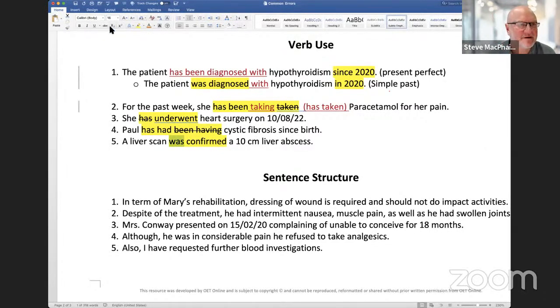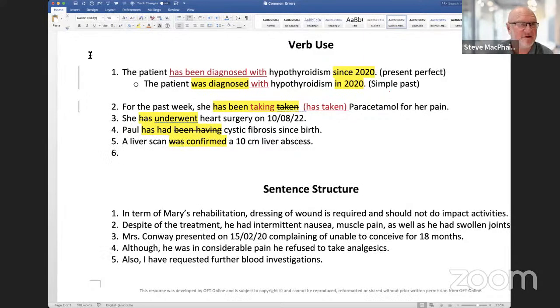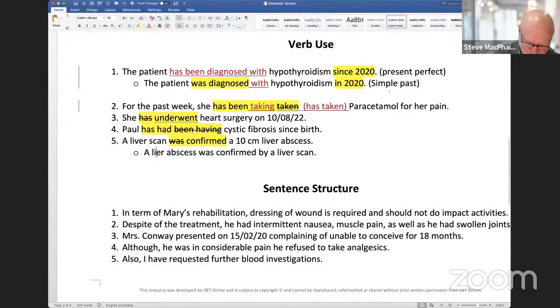Thank you, Danielle. A liver scan confirmed a 10-centimeter liver abscess, or we can just change the subject. A liver abscess was confirmed by a liver scan or ultrasound.